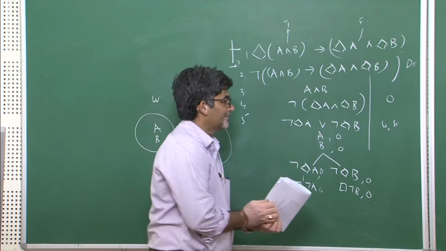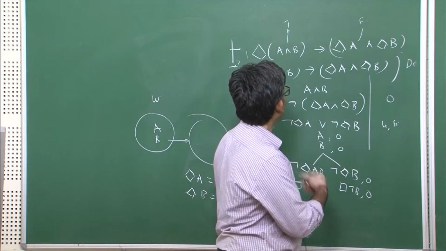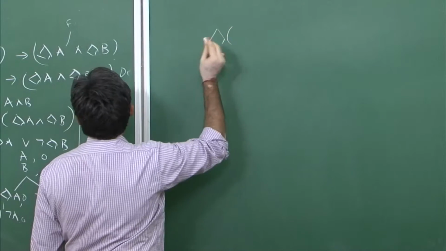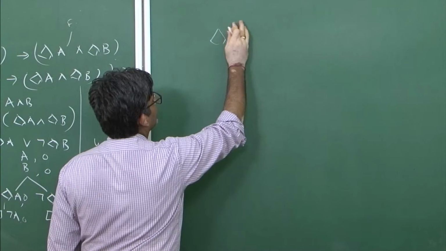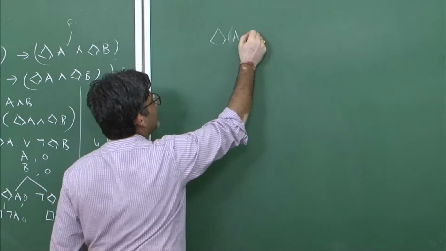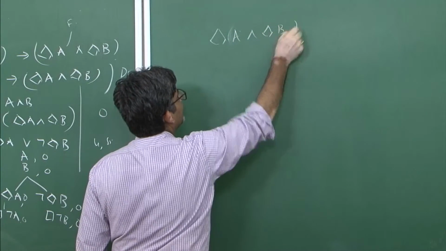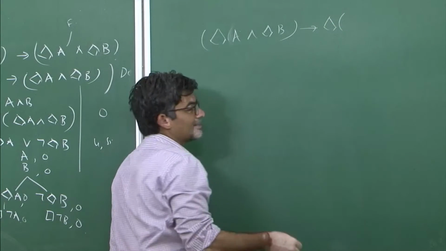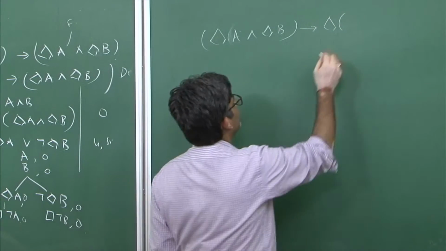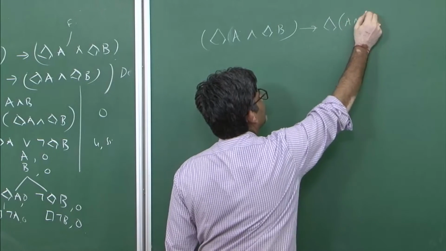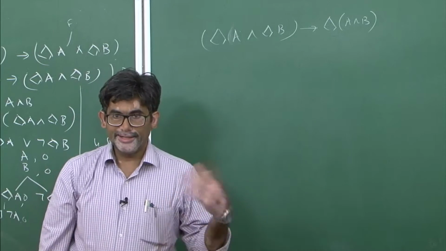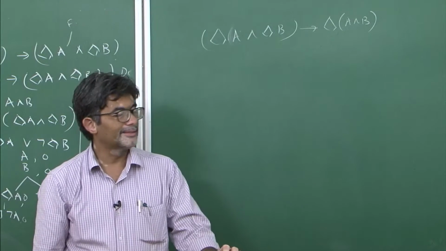Now what will happen if you reverse the order? That is this one. It is possible that A and it is possible that B. From this, let us see under what conditions this formula holds, A and B. It is like: it is humid and it is raining.